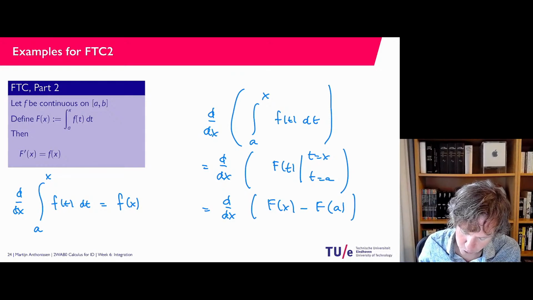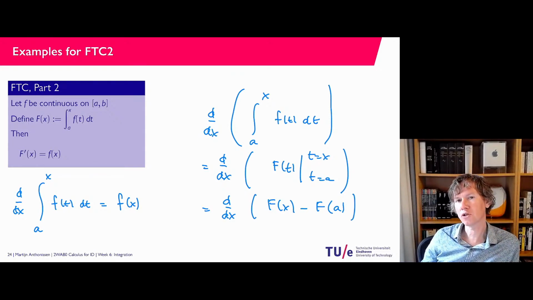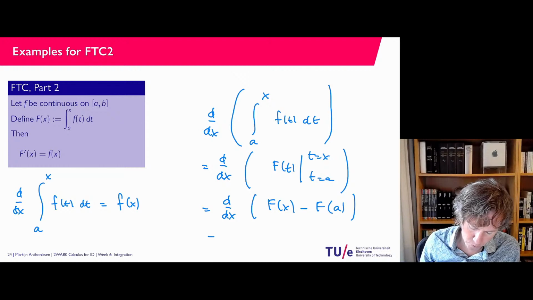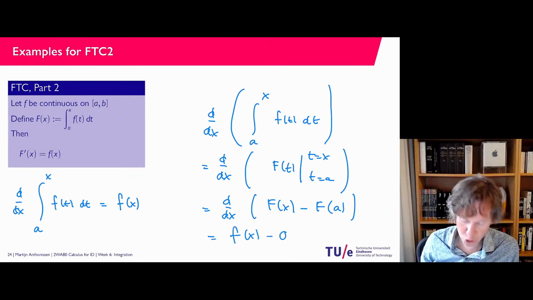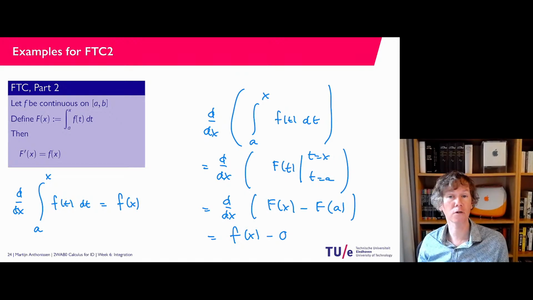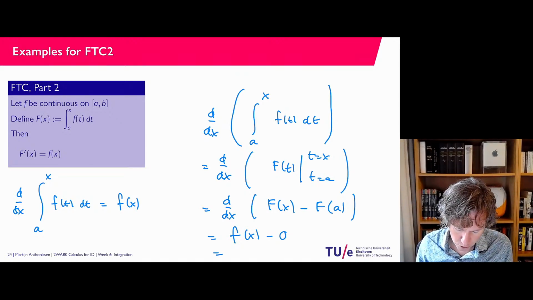Let's write normal brackets here. And if I differentiate capital F of x, capital F is a primitive of little f. So this equals f of x minus 0, because capital F of a is a constant. So this is f of x.